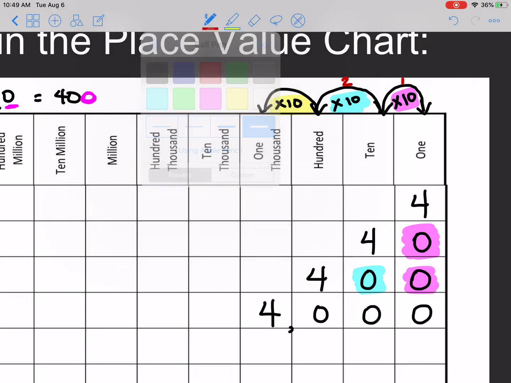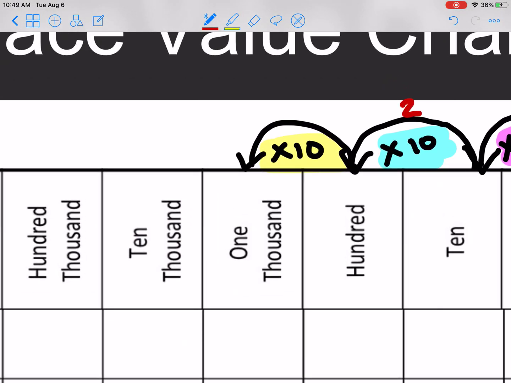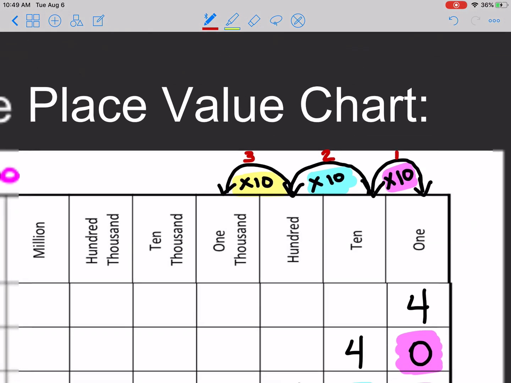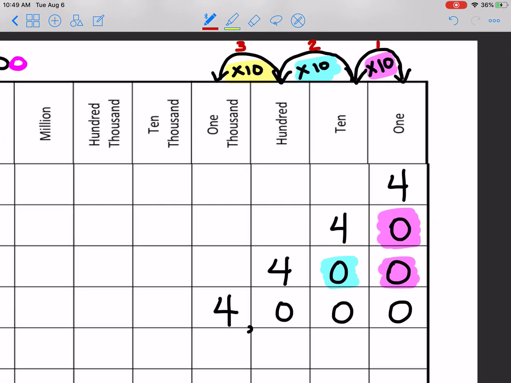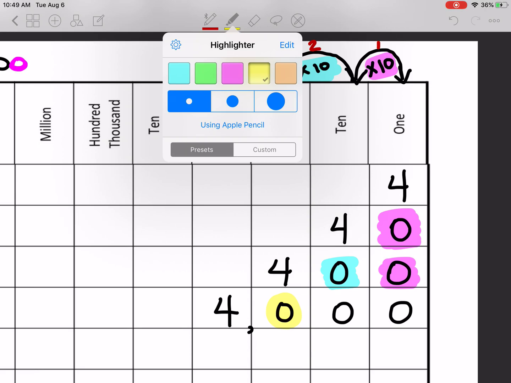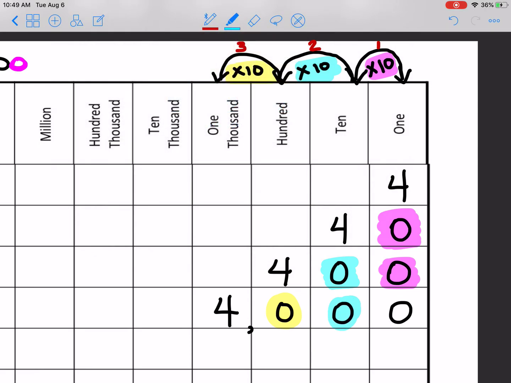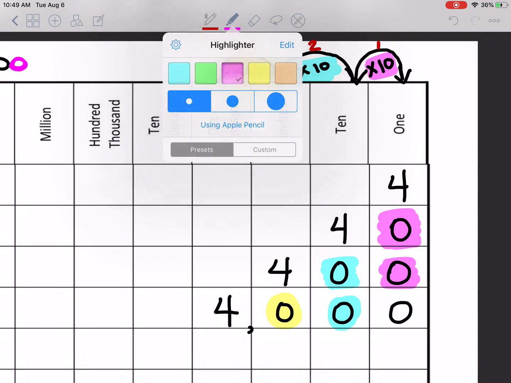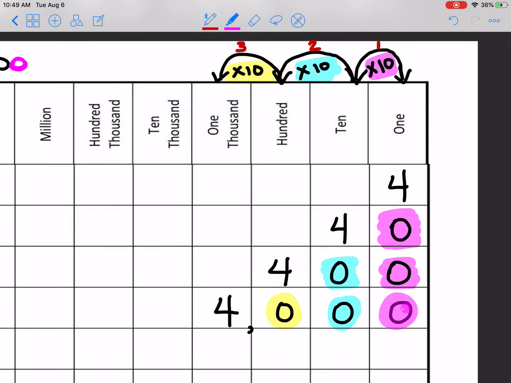I move through the place value chart 3 times now. And you can see we did 1, 2, 3 zeros.